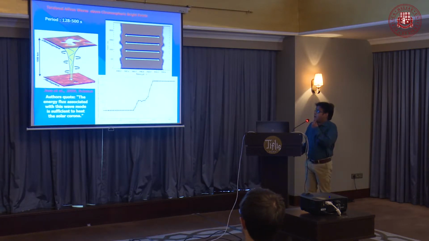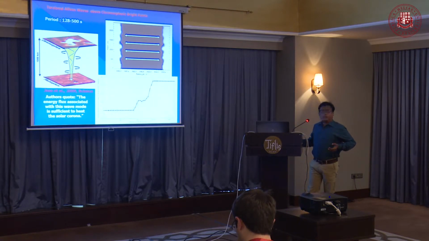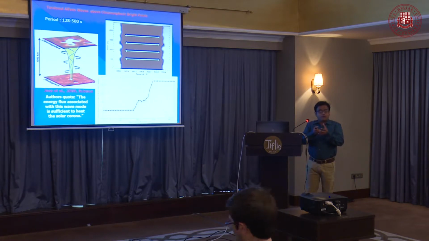This is a claim from SST observations, using the core of the H-alpha line profile with the SST spectropolarimeter. And David Jess and colleagues talked about the generation of some periodic variation of lines in a triad, because they were observing the core of H-alpha over a bright point in the chromosphere, and you can see here the periodic variation: at the edges of the bright point, they got 180-degree phase changes over these bright points.